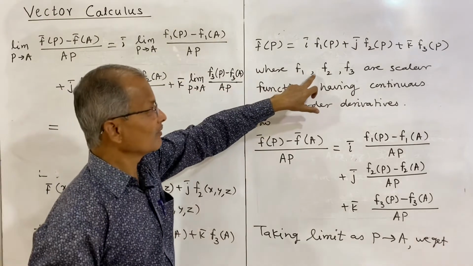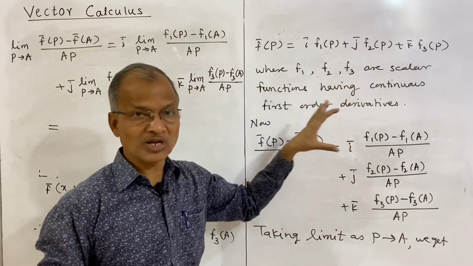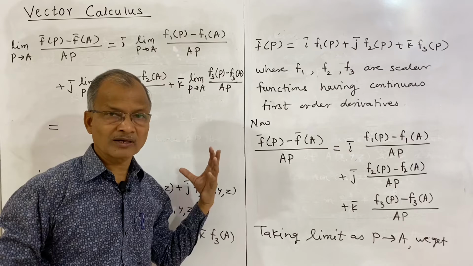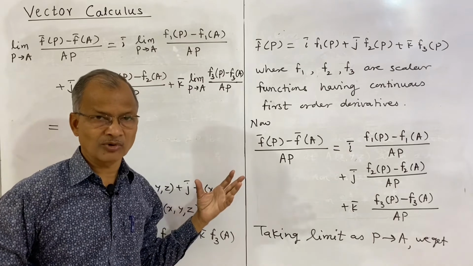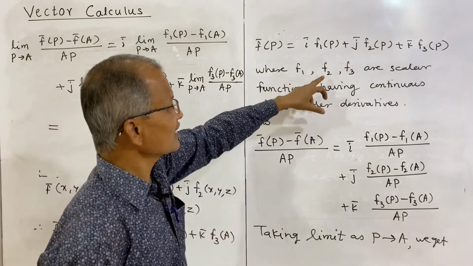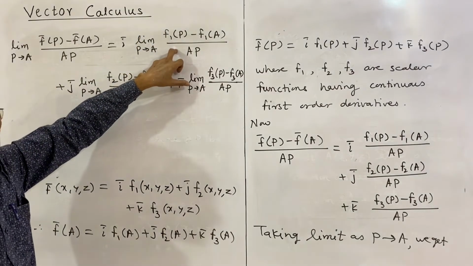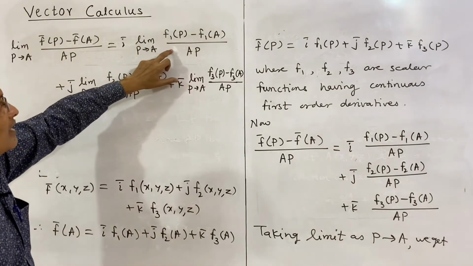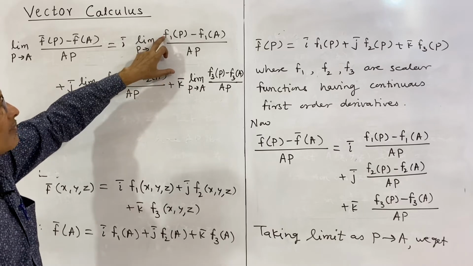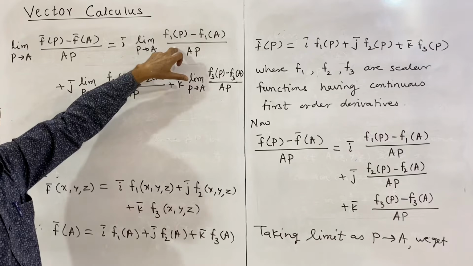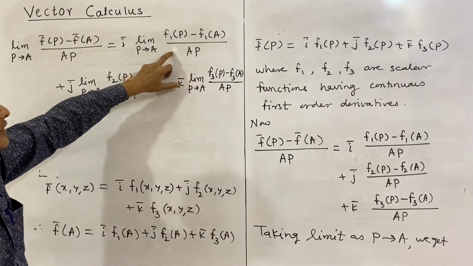The functions f1, f2, f3 are scalars, while the vector is composed in terms of i, j, k components. So the directional derivative of the scalar point function is l dou f1 by dou x plus m dou f1 by dou y plus n dou f1 by dou z. That result we shall use here.